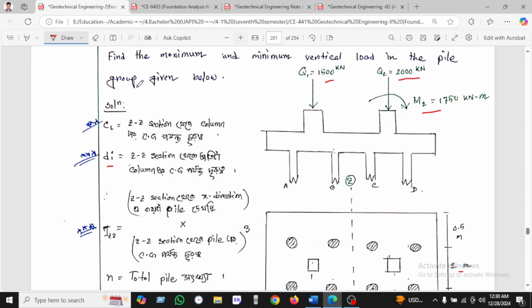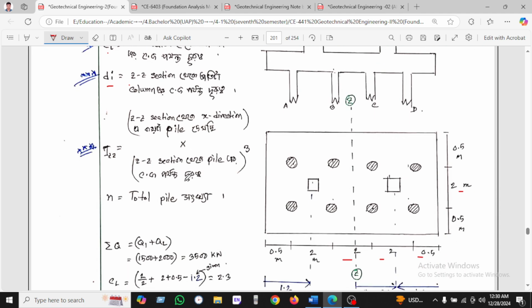So CL equal to ZZ section to the CG of the column, and CD is a ZZ section to the CG of the column. IZZ equal to ZZ section to pile CG, and n equal to total pile section.